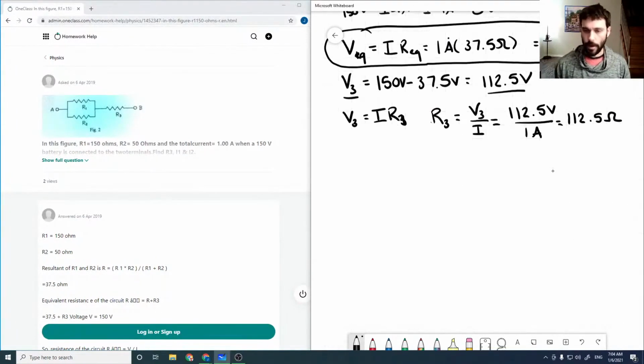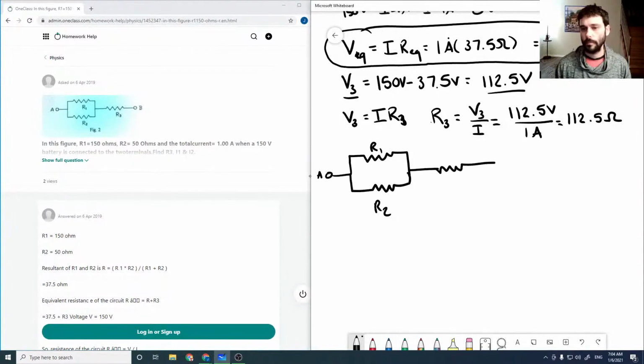So that means for our split, the voltage drop across both resistances, R1 and R2, is 37.5 volts. Okay, so we know that the voltage drop here is 37.5 volts, and that the voltage drop here is 37.5 volts.